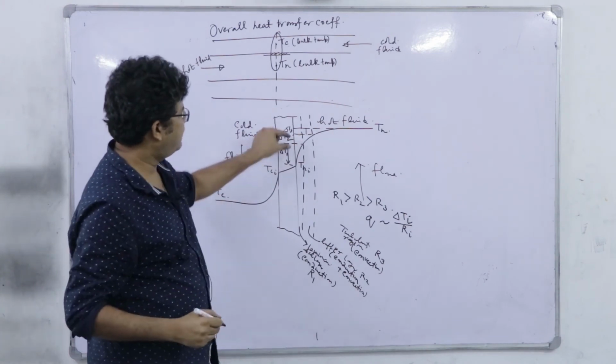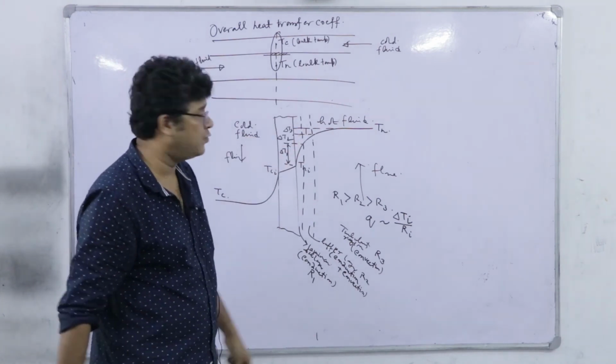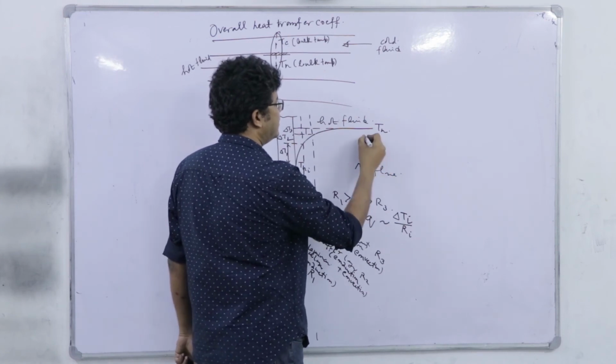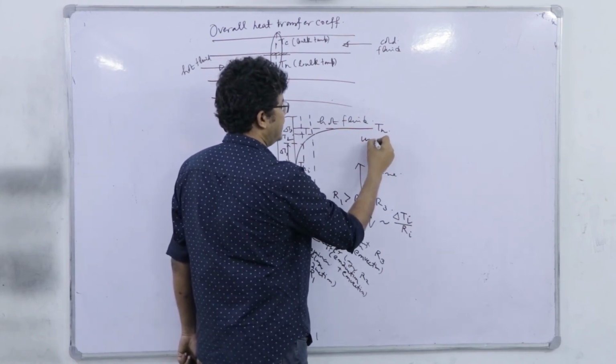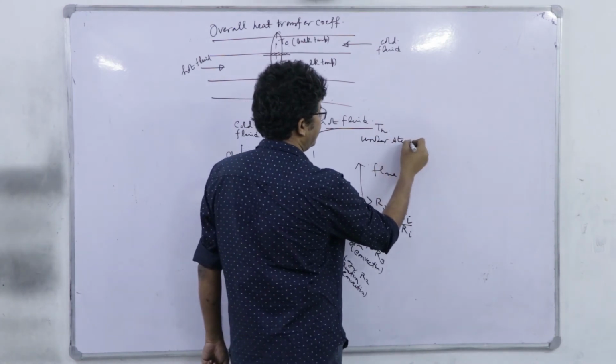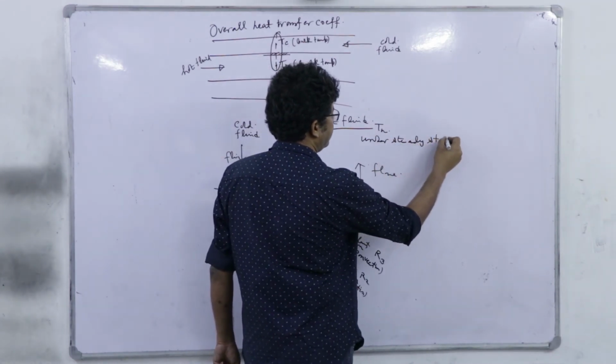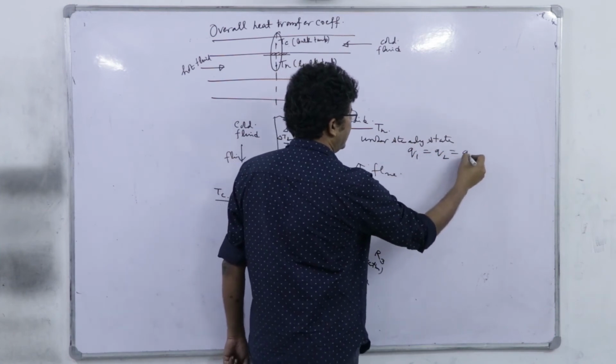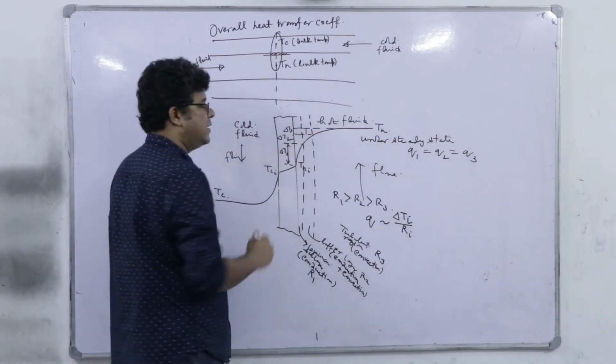So, respective temperature drop in individual layers. So, what we know is that under steady state, Q1 must be equal to Q2 must be equal to Q3, the heat flow rate in the individual layers must be same.